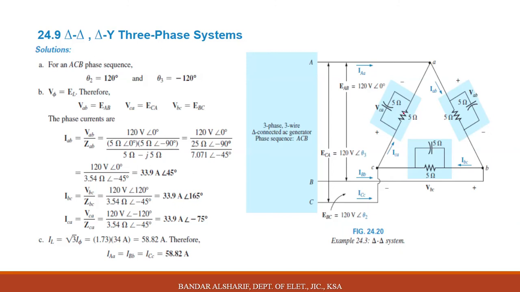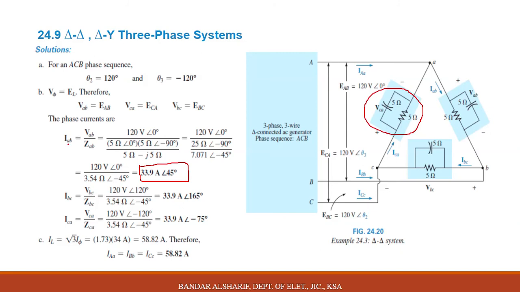How to find the total impedance for this winding? 5 ohm resistor with the angle 0, 5 ohm with the angle minus 90, divided by the summation, you will get the final answer, 33.9 angle 45.